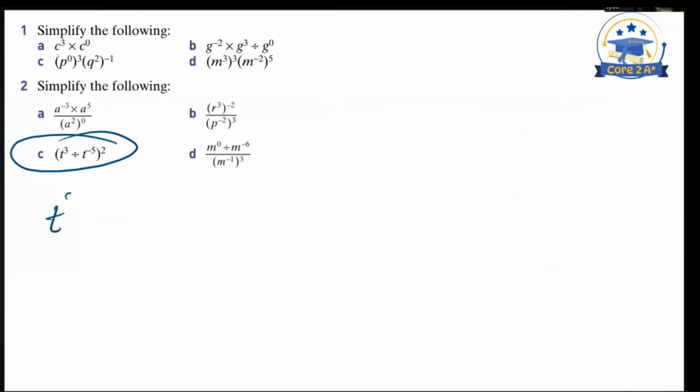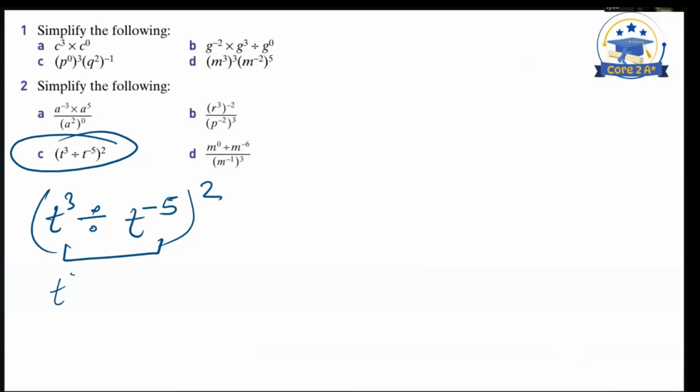So, TQ divided by T to the power minus 5, and the whole square of both. Okay, so first we will solve the value inside the bracket, inside the parentheses. We will solve first and then after that we will square.